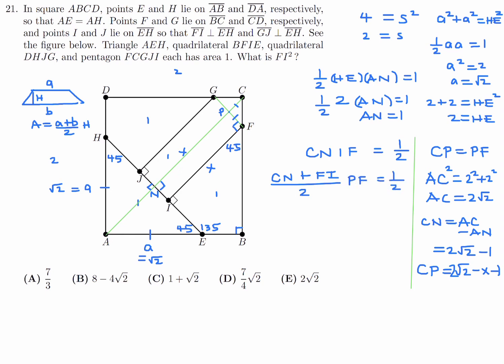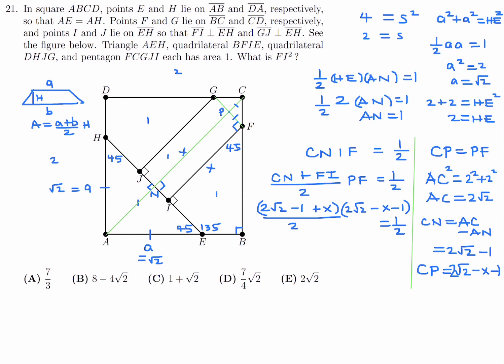Well, CN, what do we have here? 2 root 2 minus 1. FI is x, so plus x over 2. And then PF, what do we have? Do we have anything? Well, PF we concluded was the same as CP, and CP is right here. 2 root 2 minus x minus 1. And that all equals 1/2.